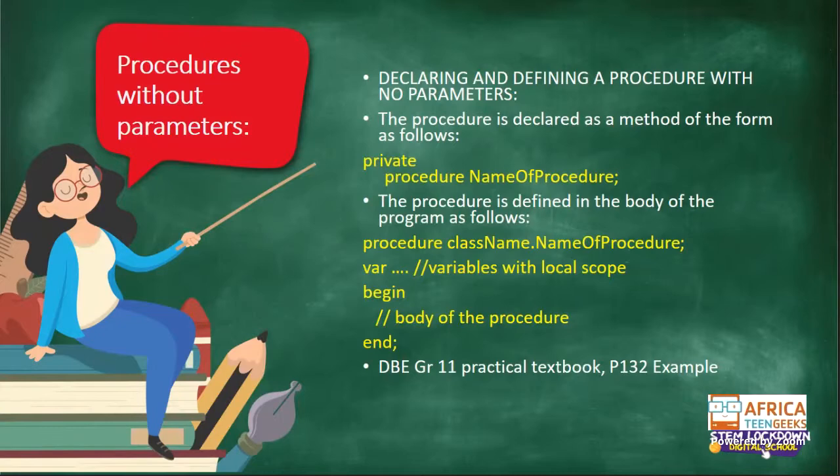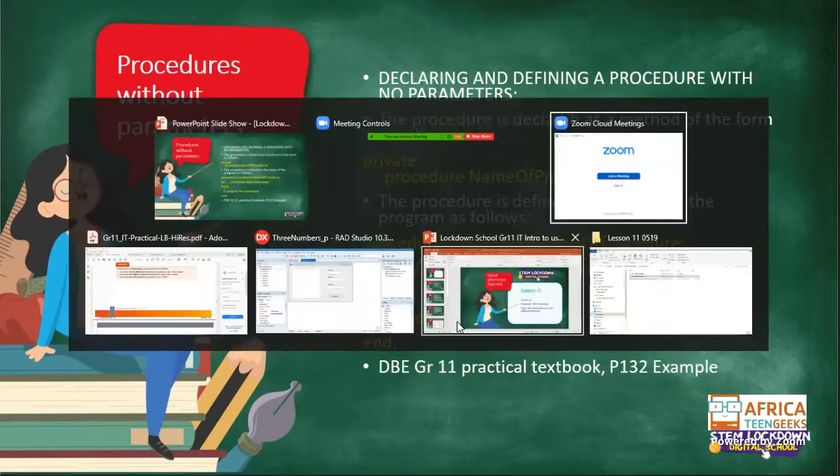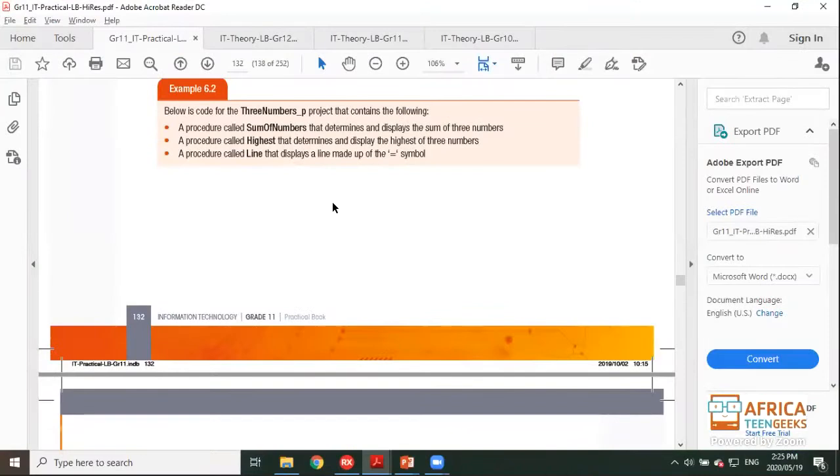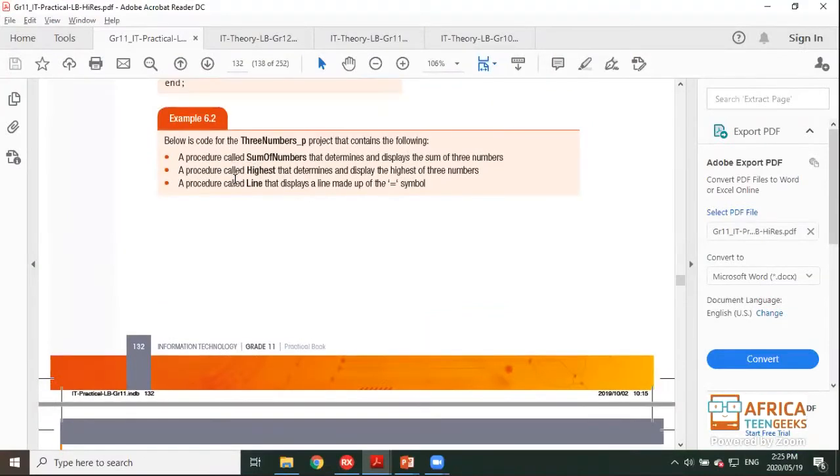So now we're going to actually look at an example on page 132 of the grade 11 practical textbook, just to show you what we can do in Delphi. So I'm going to have this open over here. This is example 6.2. It's based on the 3numbers_p project that you can get from the downloads folder that I've given you, I think it's chapter 6, yes.